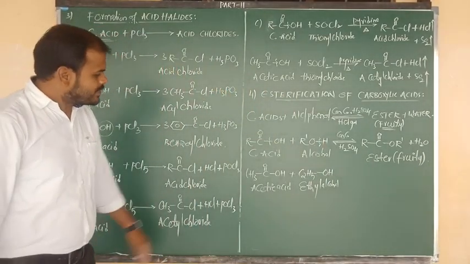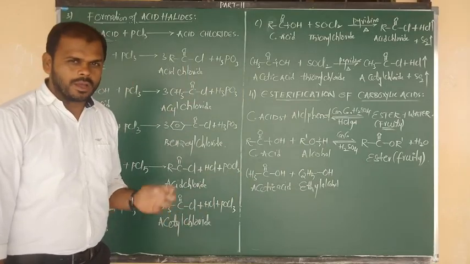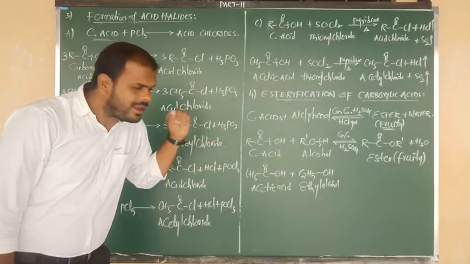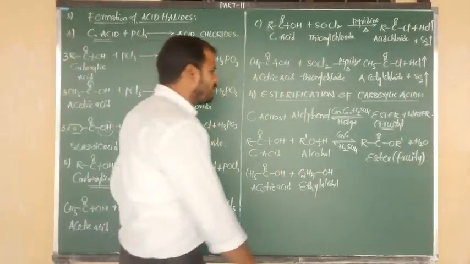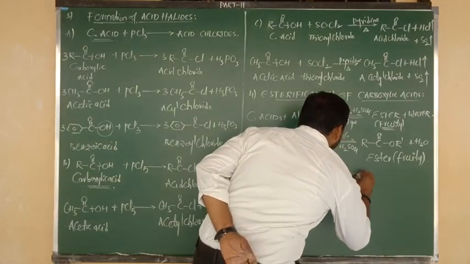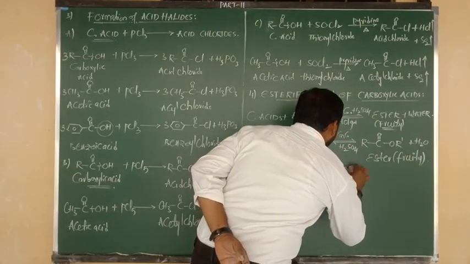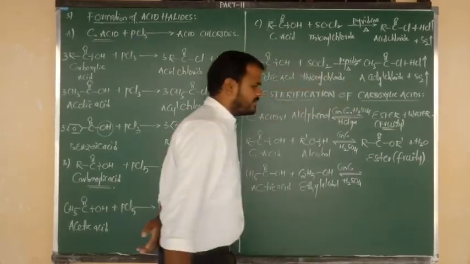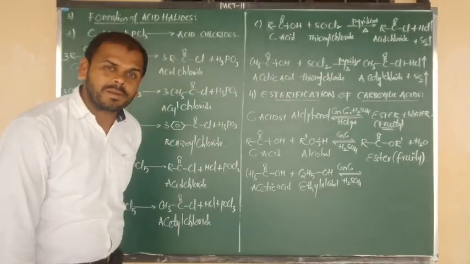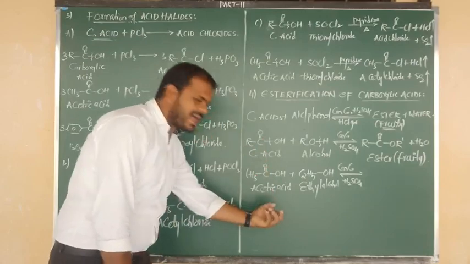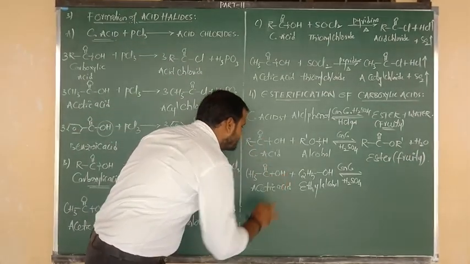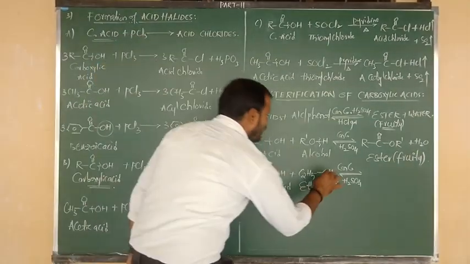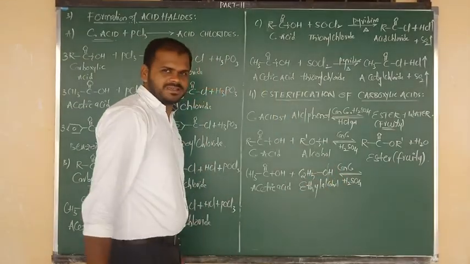Good. So when the carboxylic acid reacts with ethyl alcohol, again the reaction takes place in a reversible manner, again in the presence of concentrated sulfuric acid. Now what will be the product? In the carboxylic acid, C-O cleavage takes place. In the alcohol, O-H cleavage takes place.